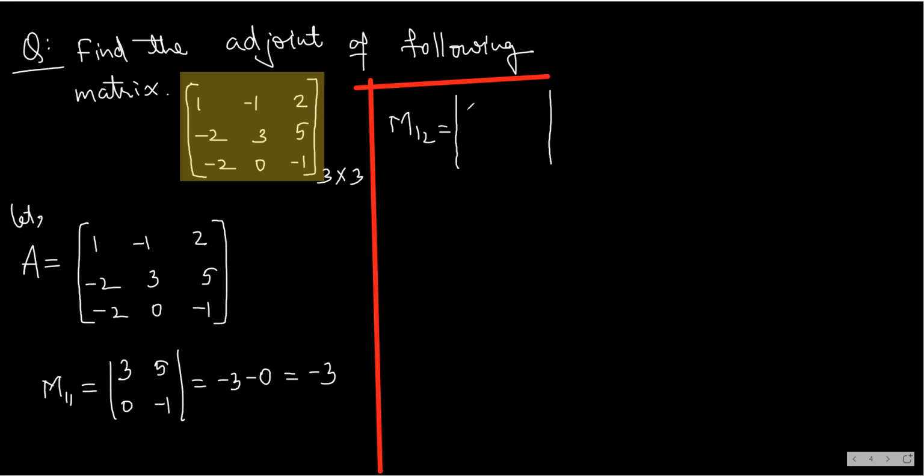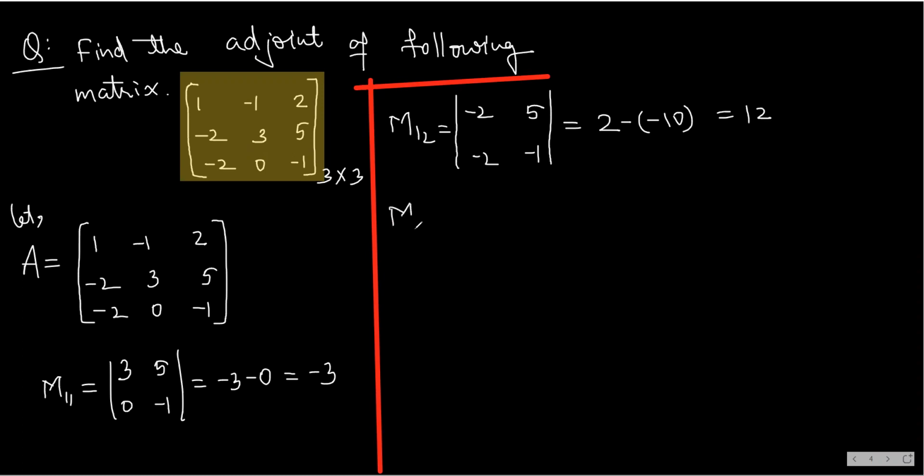So you get -2, 5 and -2, -1. You can use your fingers while solving this on your notebook, just to point at those numbers. So here you have -2 into -1, 2, minus of -10. This into this is 2, this into this is -10. So 2 minus of -10, so you get 12.